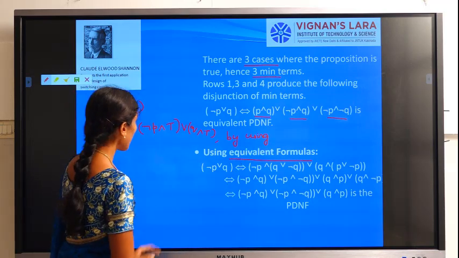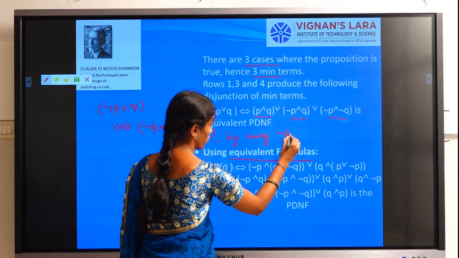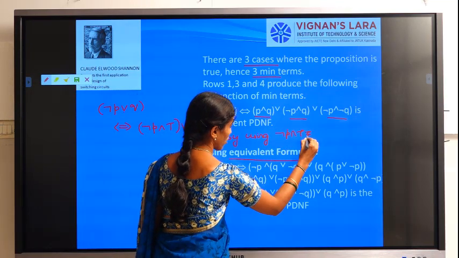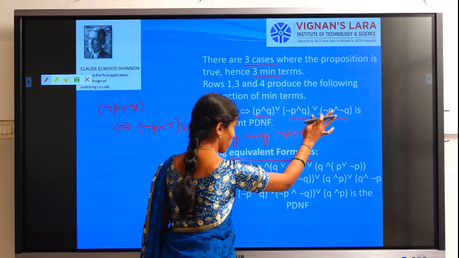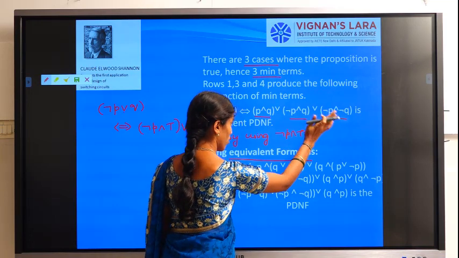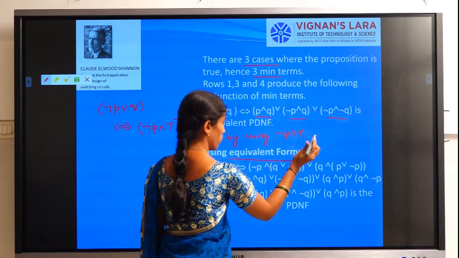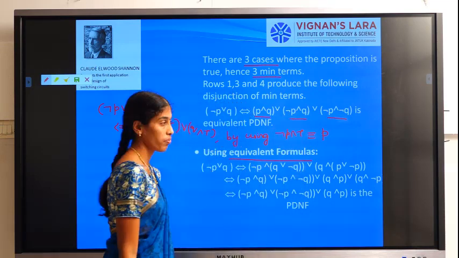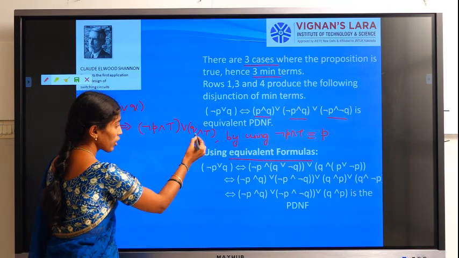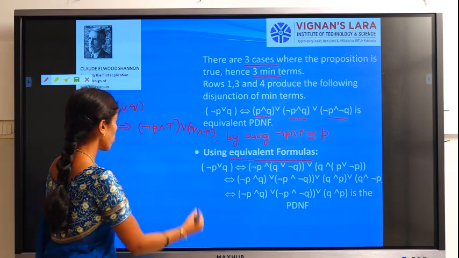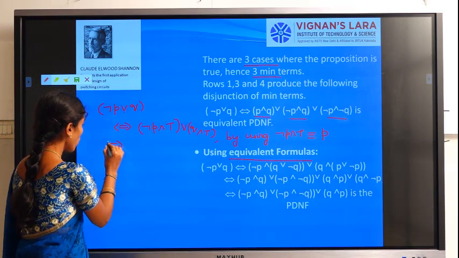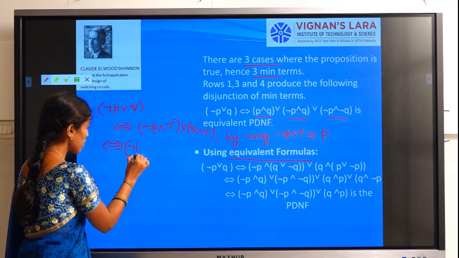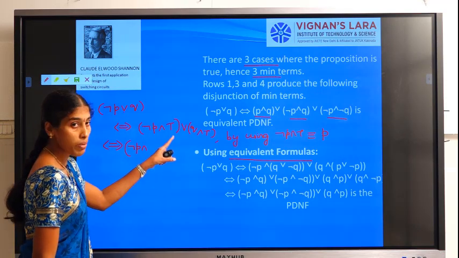By using this, negation P and T is equivalent to negation P. Similarly, Q and T is equivalent to Q. Now this T is replaced by which variable is missing here?